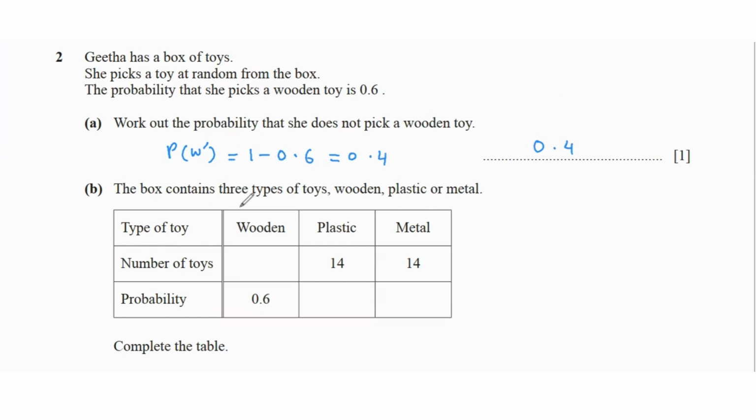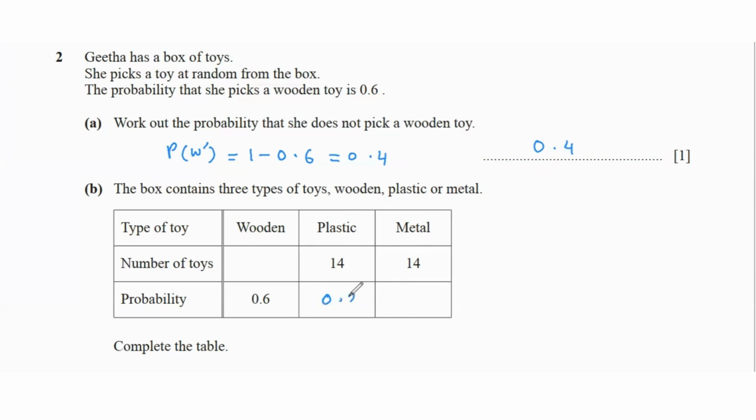Part B says the box contains 3 types of toys: wooden, plastic, or metal. We have to find the number of wooden toys and the probability for plastic and metal. So we know that the probability of the entire box with all of the different toys is 1. So the probability of getting a wooden toy is 0.6, and the number of plastic and metal toys is the same, which means the 0.4 probability gets divided into plastic and metal.